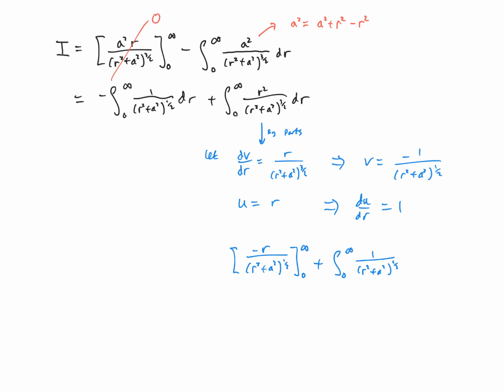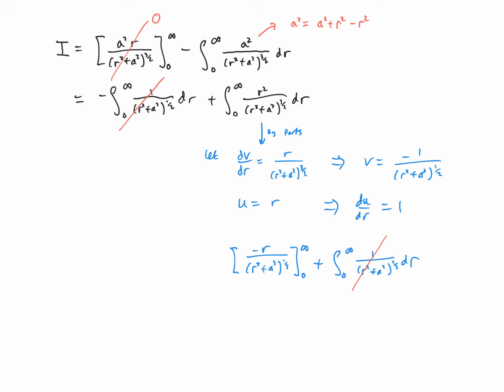And now we see something rather interesting happens, because this second integral here, the integral of 1 over the square root of r squared plus a squared dr, that term actually cancels with this term all the way back here. That one has a minus sign, this one has a plus sign.